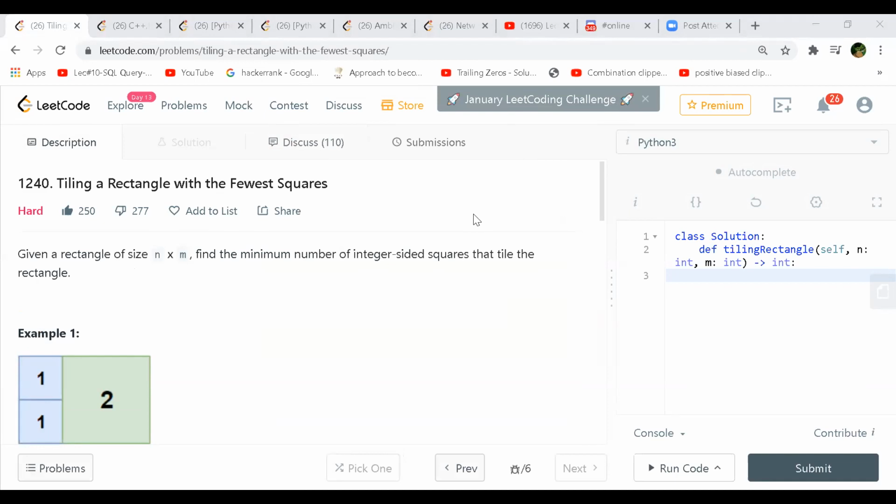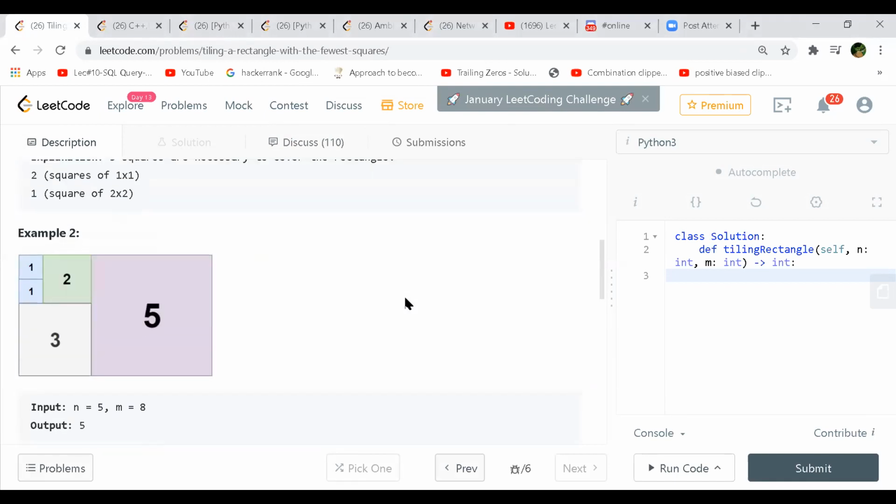Can you go to the examples? Take this one itself. You have 5 into 8, that is 40. Now you need to represent 40 as a sum of squares, so that would be 25 plus 9 plus 4 plus 1 plus 1. Did you get what I was trying to say?